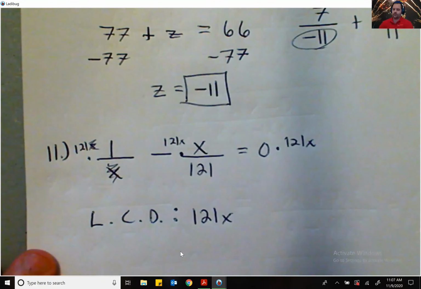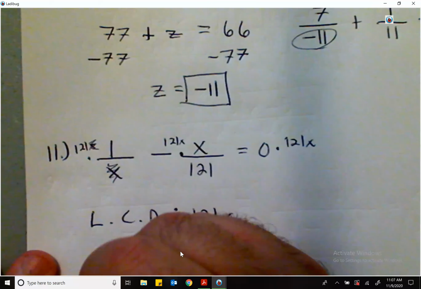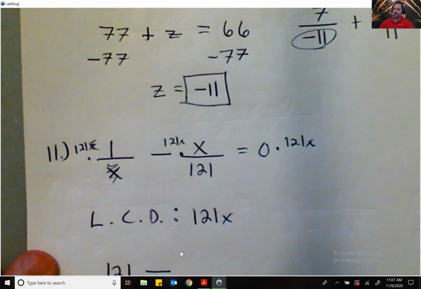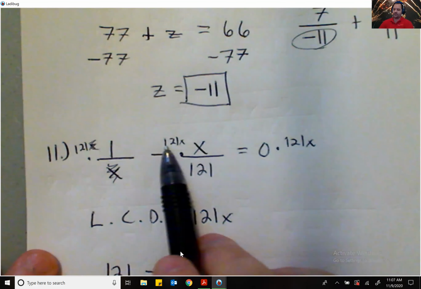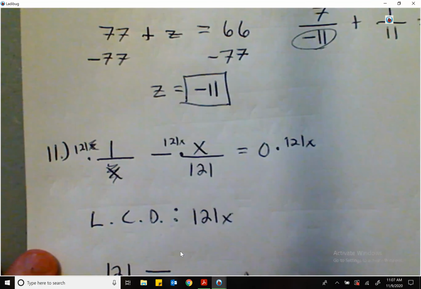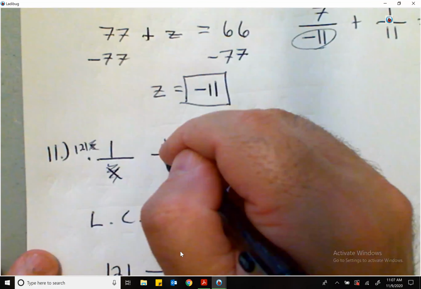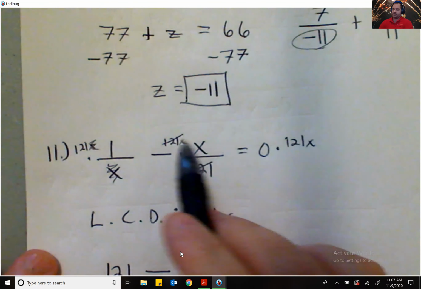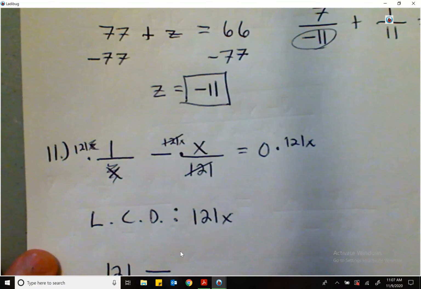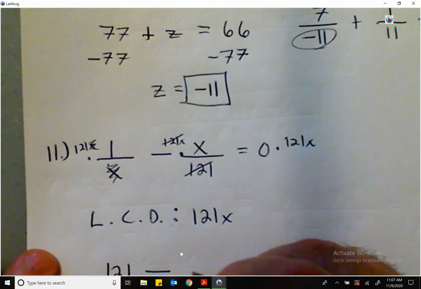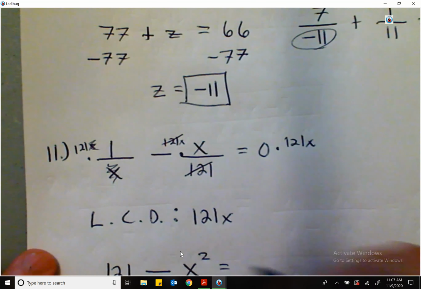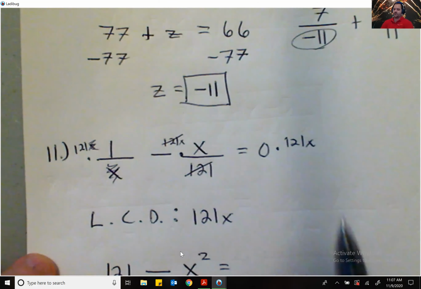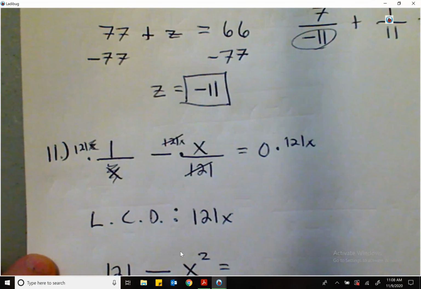Gone. So it leaves us with 121 minus, what's going to happen between the 121x and the 121? The 121 is gonna cancel out. Gone. And x times x? x squared, not 2x. Yes. And what's going to happen between 0 times 121x? 0. And there we go.